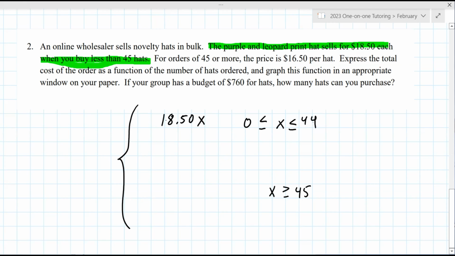And then this one's greater than 44, but we include the 45th one is charged. That's what I'm trying to say. The 45th one is charged at the 16.50, whereas the 44th is charged at the 18.50.